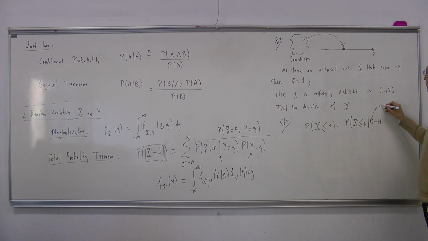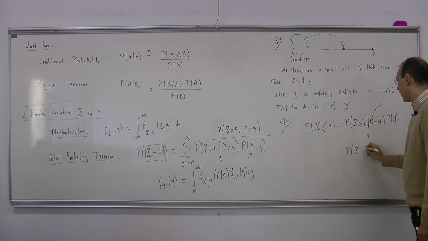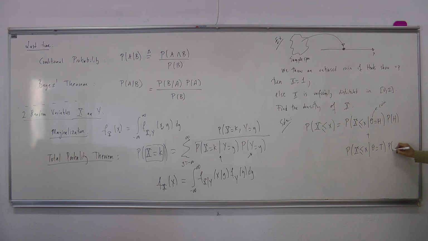Theta is the coin throw, equal to heads, times probability of heads, plus probability of x less than or equal to x given theta is equal to tails, the other event, times probability of tails. Okay. So can I do this?